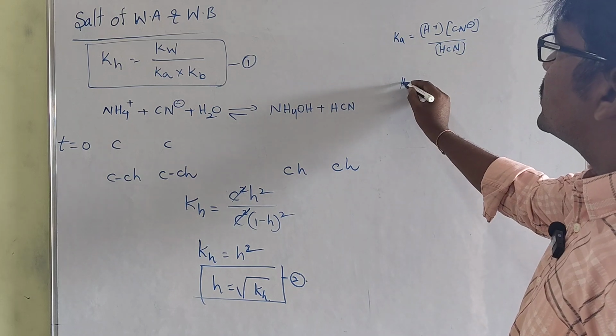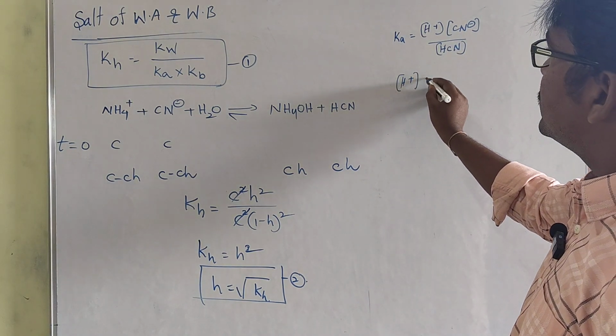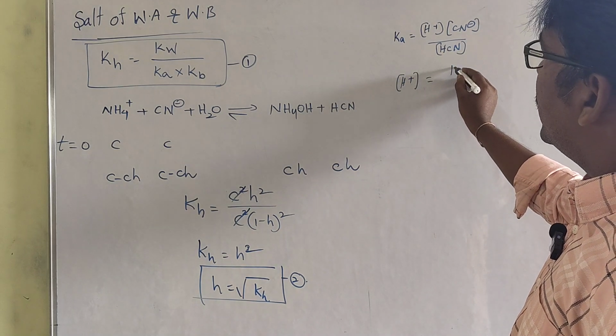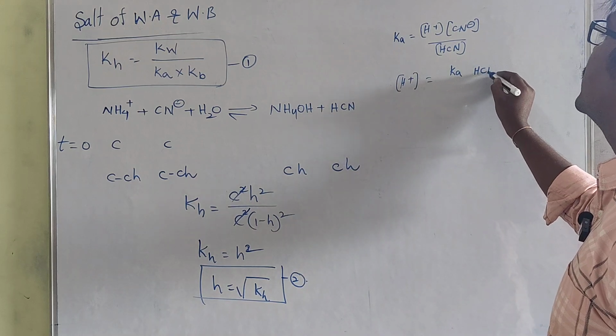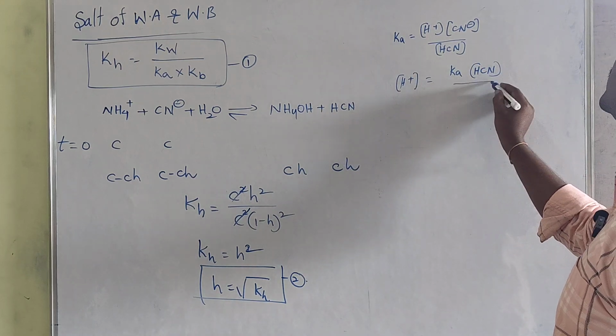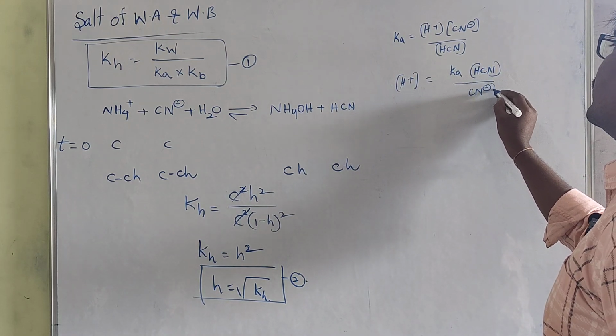So H plus equals Ka into HCN concentration divided by CN minus ion concentration, right?